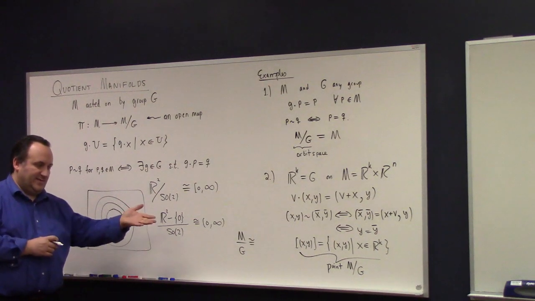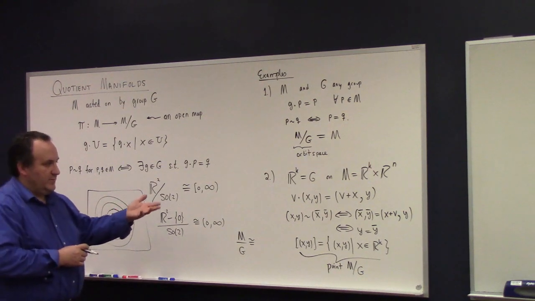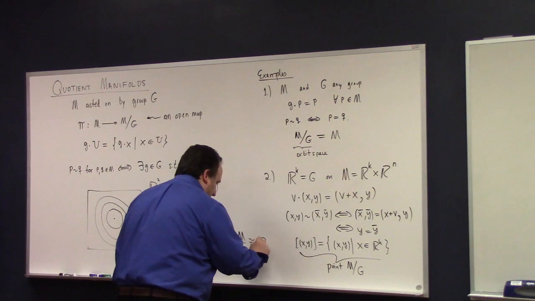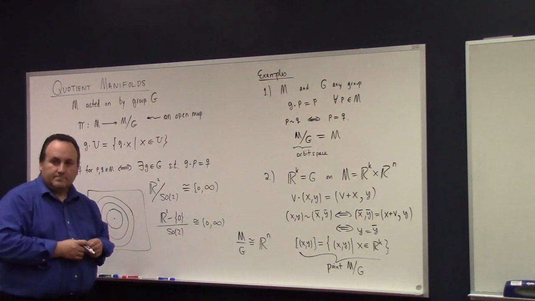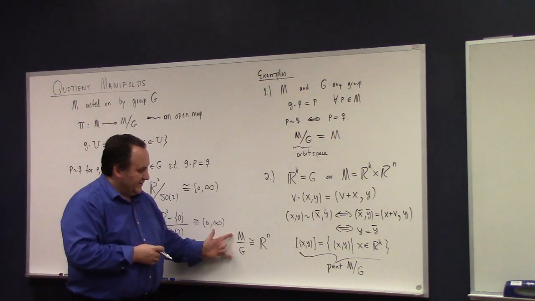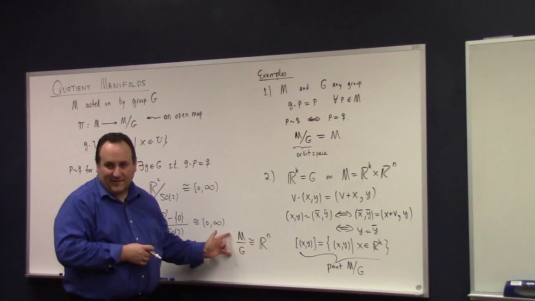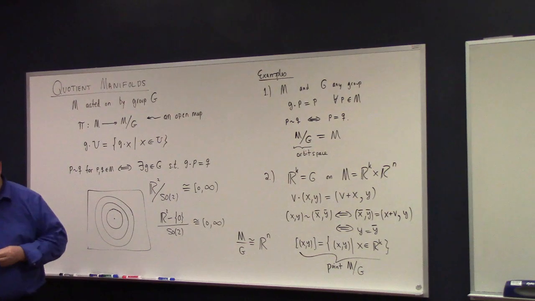So the points in that space are just labeled by y, where y is from Rn. This is basically just a weird way of thinking about Rn. But it's also very satisfying because if I wrote this more explicitly, I'd have Rk cross Rn divided by Rk, so the Rk's cancel and just leave you with Rn. But nevertheless, again, the orbit space is a manifold.